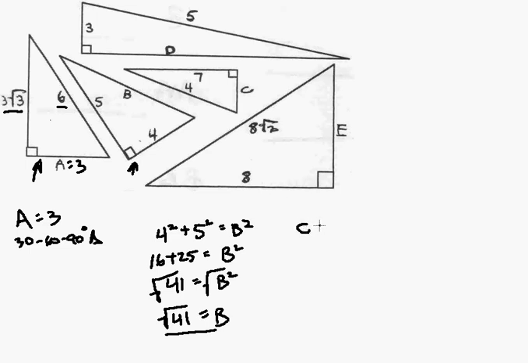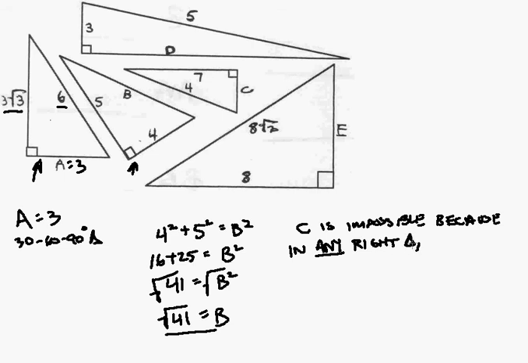C is impossible, because in any right triangle, the hypotenuse will be the longest side.